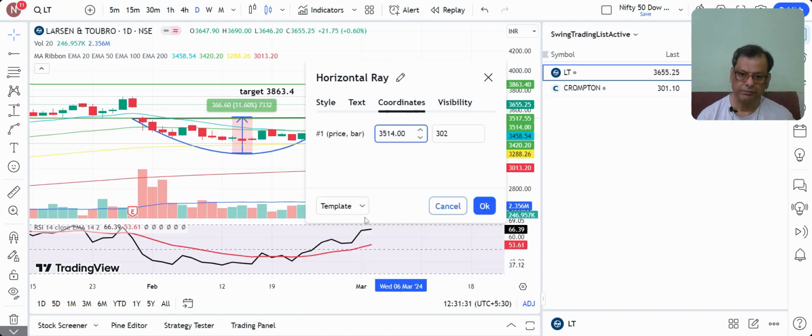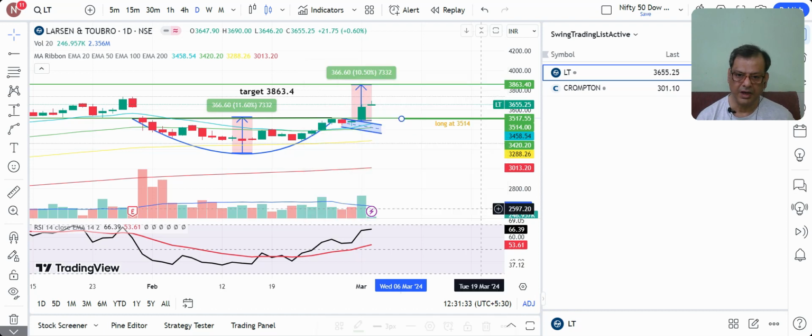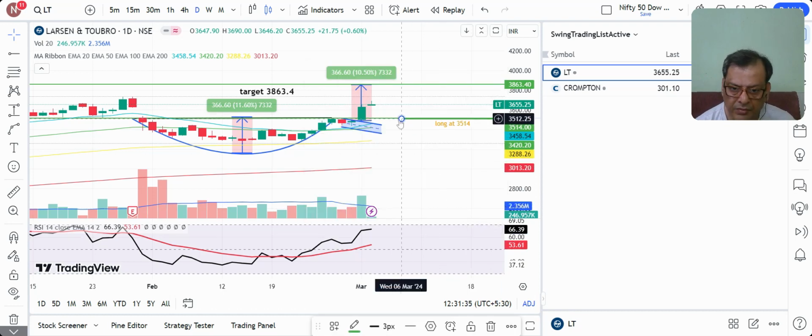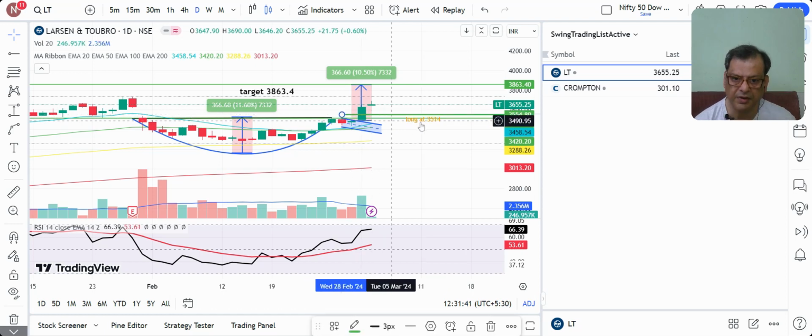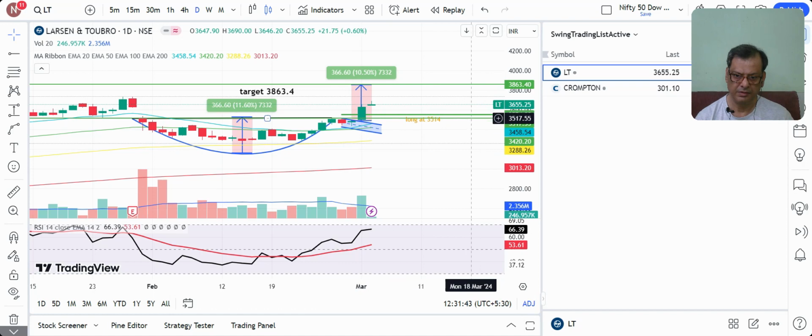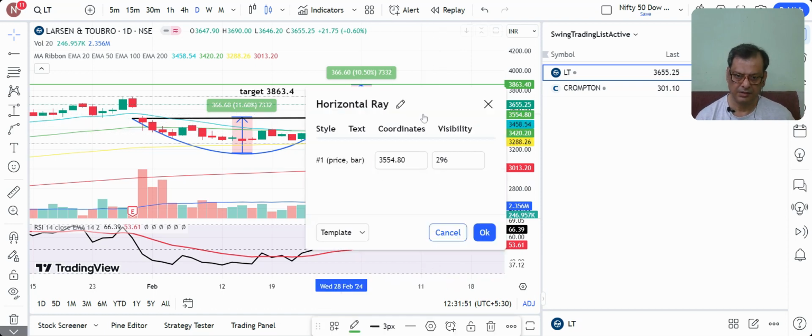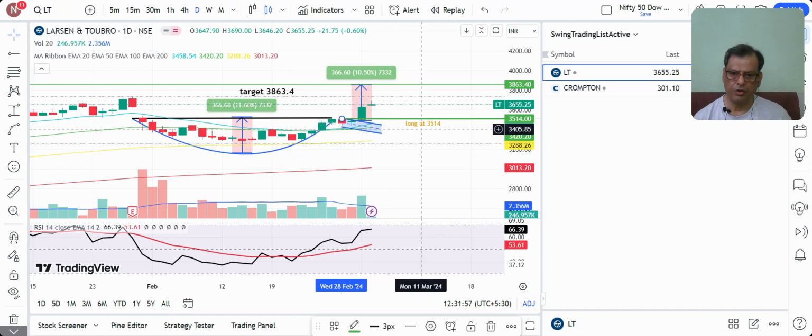We will extend it here. Now we are going long at 3514. Okay, so we're going long at 3514.